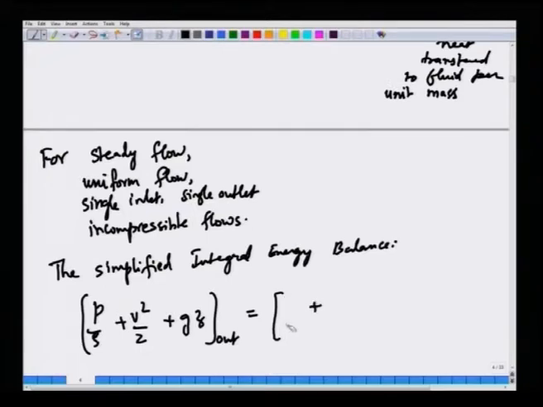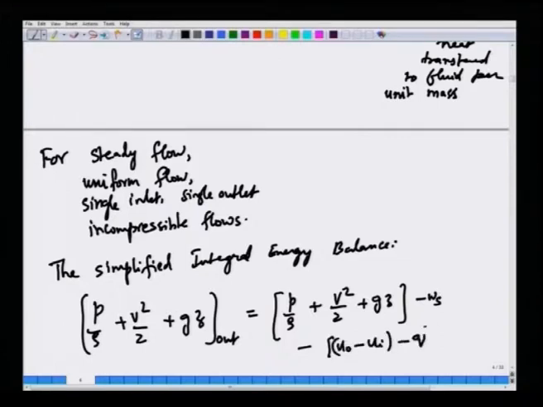Let me again start with P by rho here also: P by rho plus V squared by 2 plus G z minus W s, the amount of shaft work done by the fluid, by the CV, per unit mass of the fluid, minus U out minus U in minus Q. Okay.